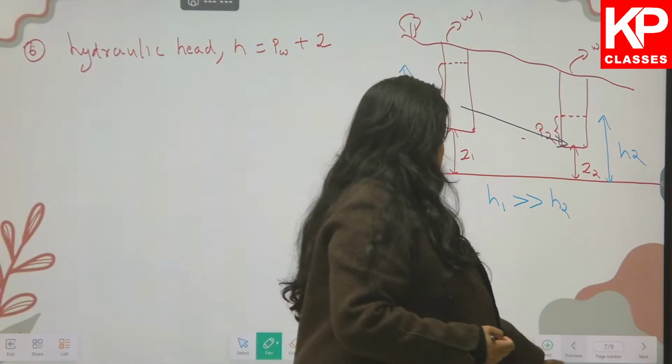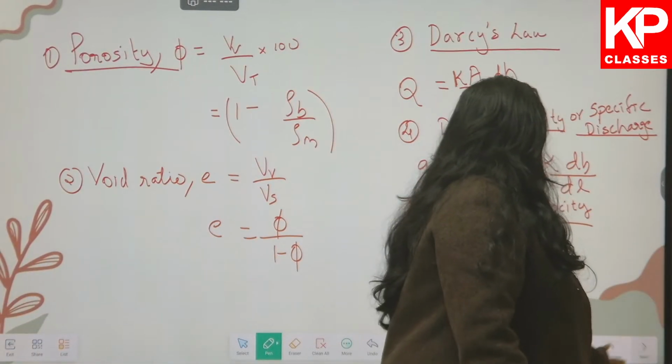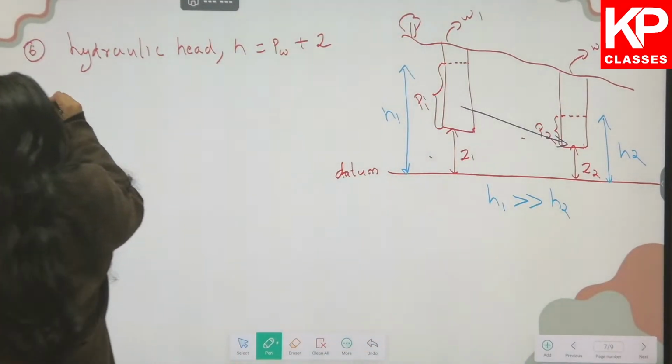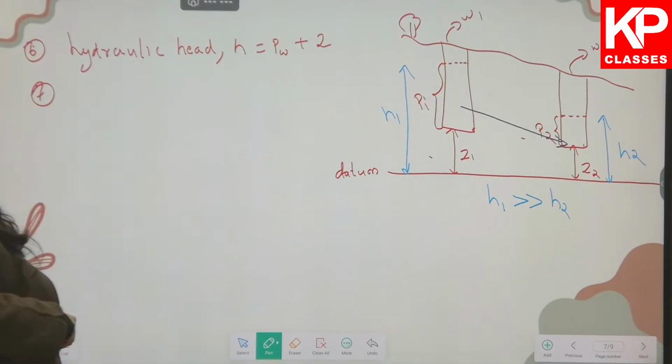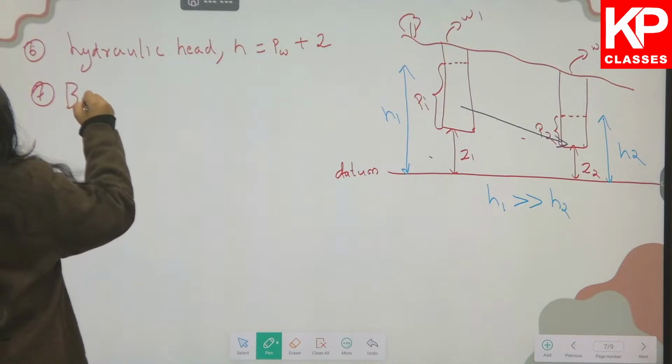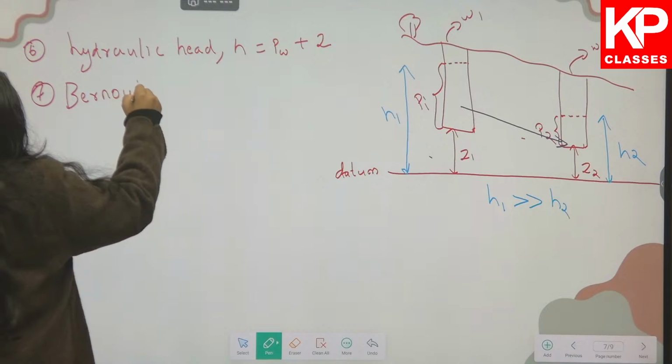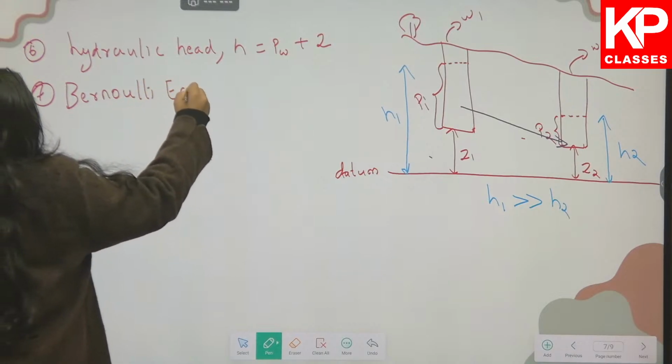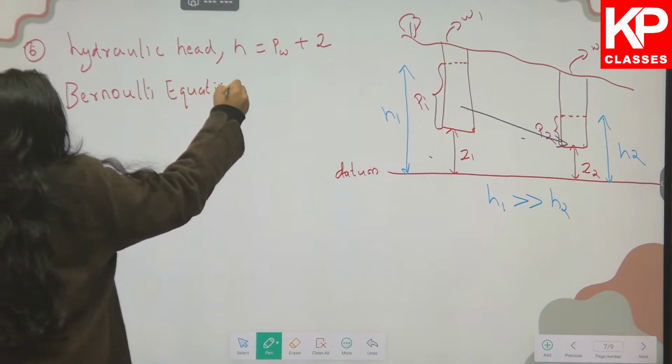Equation number 6 is of hydraulic head. Now equation number 7, Bernoulli's equation.